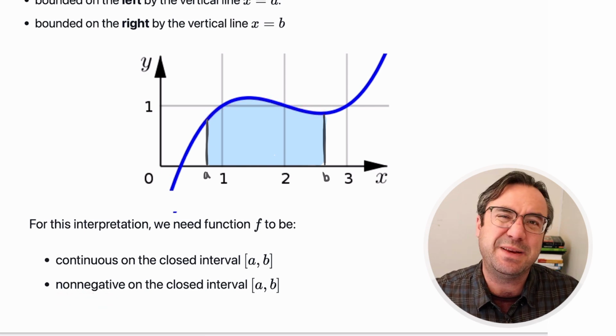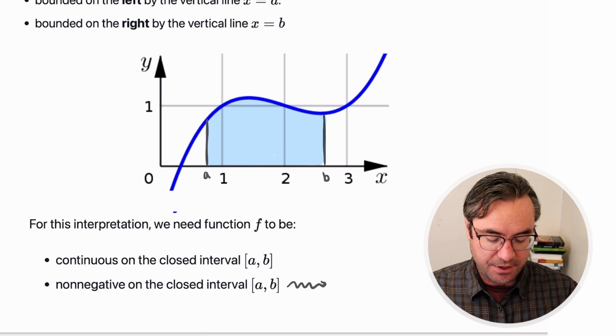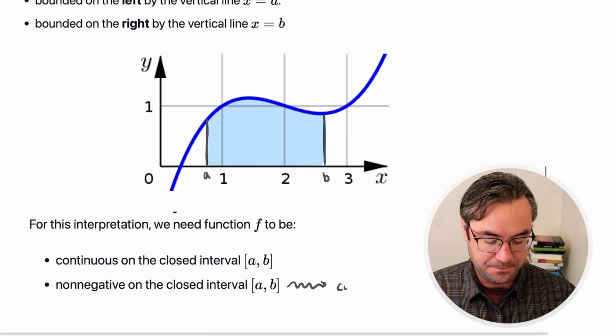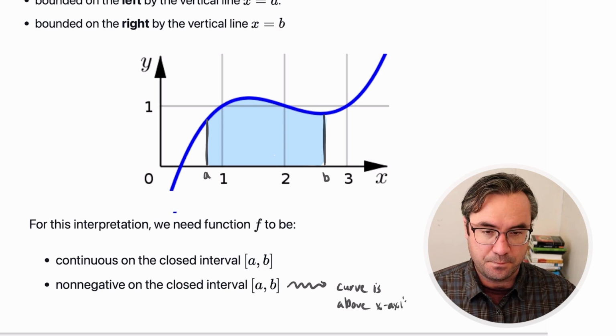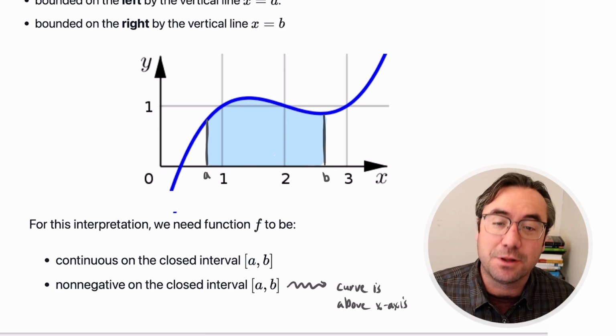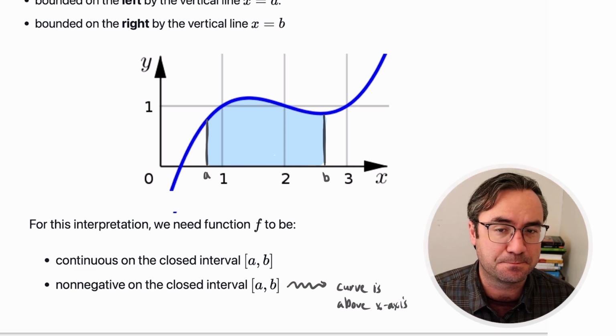So we want it to be non-negative on the closed interval. So you can really think of this as the curve is above the x-axis. We'll see how to generalize it so that we can talk about functions that go below the x-axis and all of that. But for right now, we're just looking at curves that are above the x-axis.